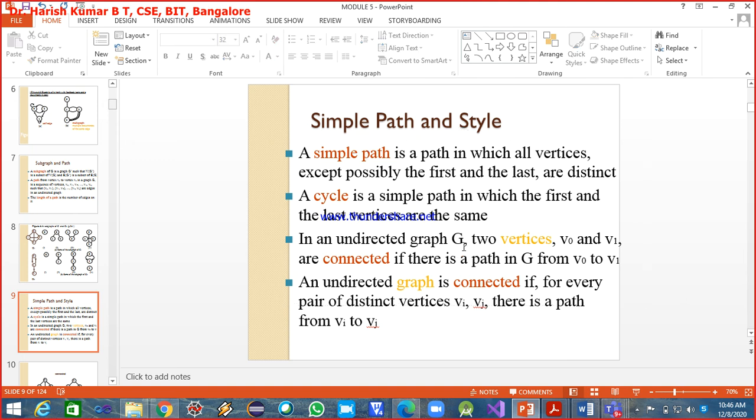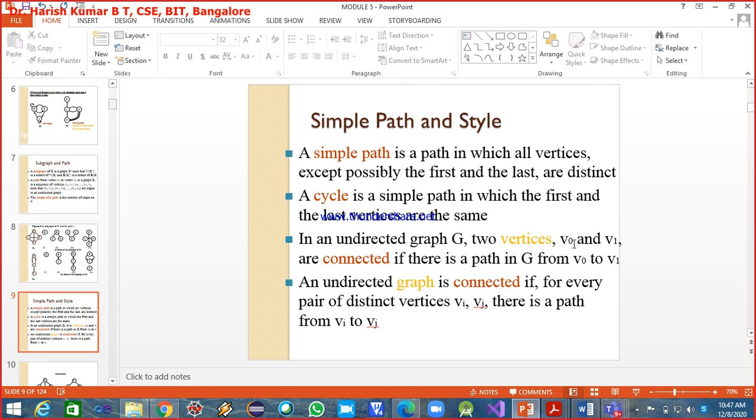In an undirected graph G, two vertices V0 and V1 are connected if there is a path in G from V0 to V1. So, connected vertices in an undirected graph.